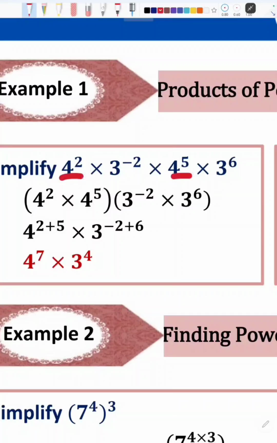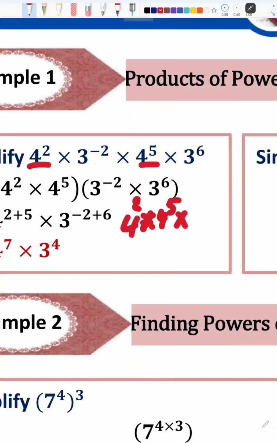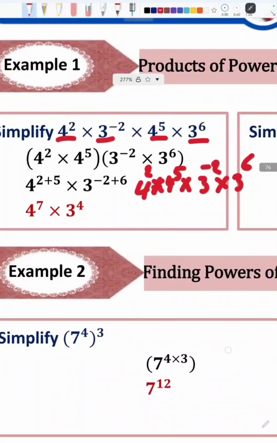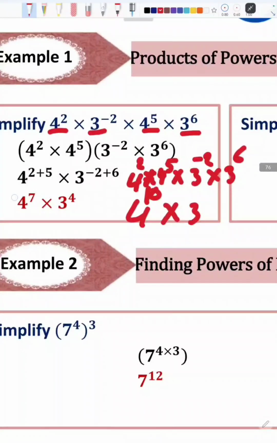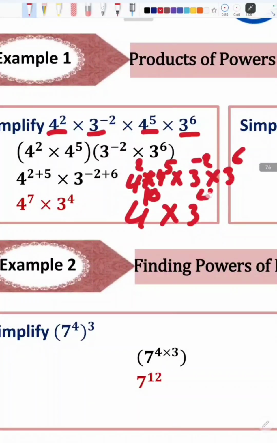I have 4, so I will say 4 power 2 times 4 power 5, times, now I have double 3, 3 power negative 2 times 3 power 6. I'm going to add the exponents because I have the same base, so it will be 2 plus 5, 4 power 7, times 3 to the negative 2 plus 6. Different signs, subtract them, follow the greatest value, so it will be 3 power 4.